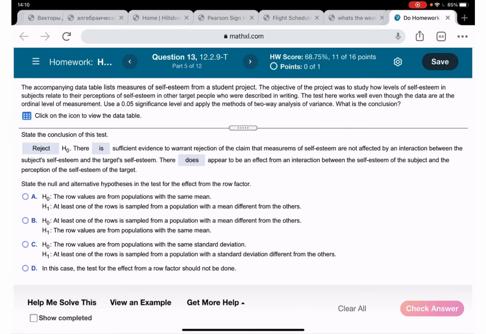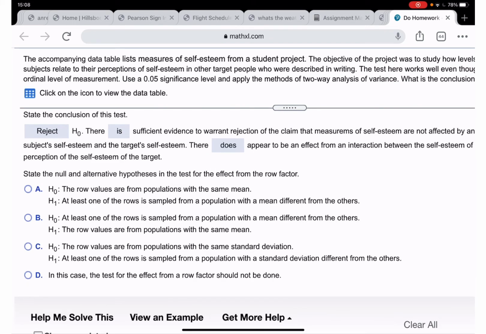We have one more question left here. State the null and alternative hypotheses in the test for the effect from the row factor. In this test, a researcher should reject the null hypothesis. We already know that, right? Since the null hypothesis is rejected, there does appear to be an effect from an interaction between subject self-esteem and their perception of the target self-esteem.